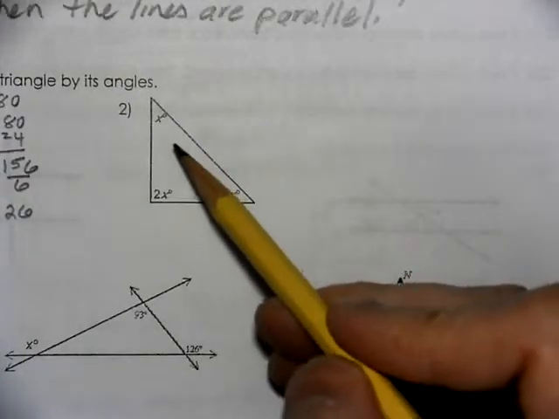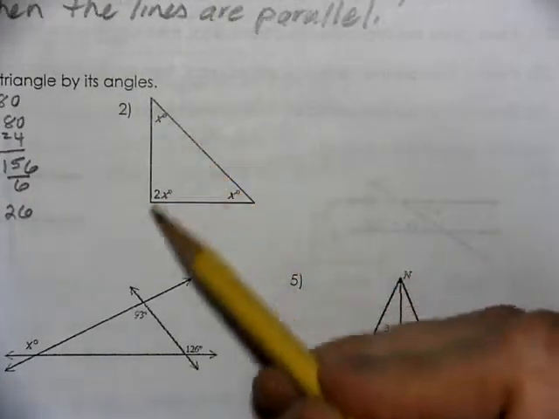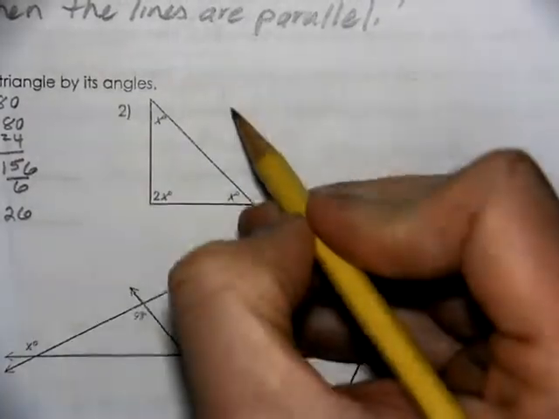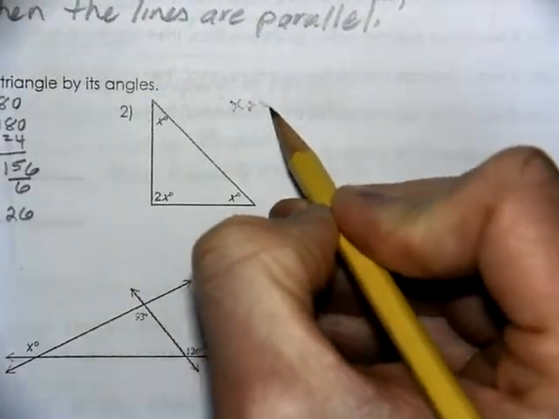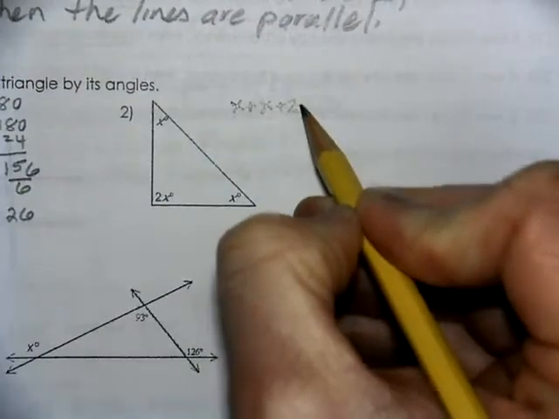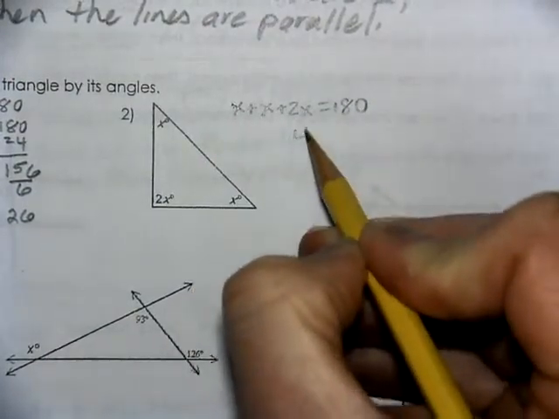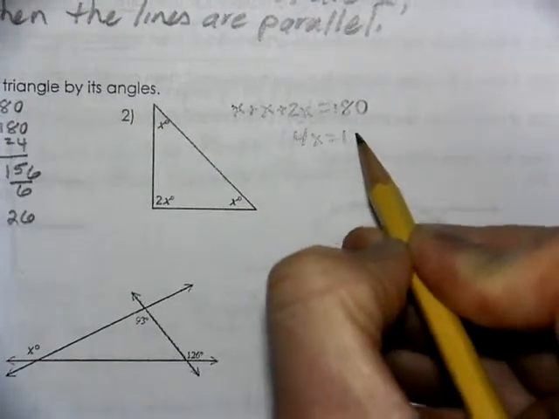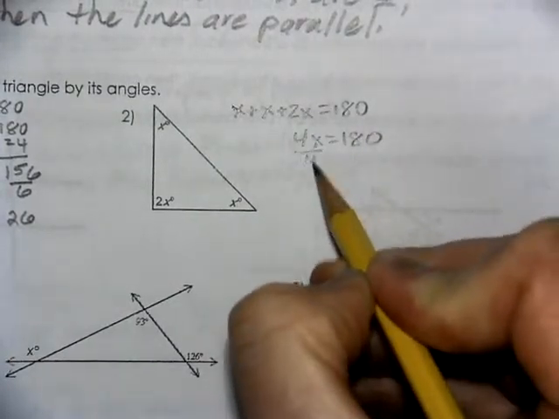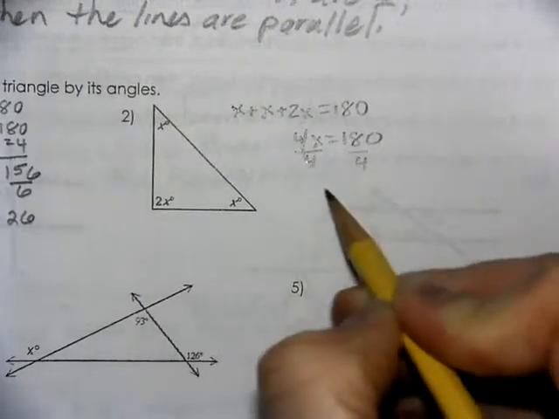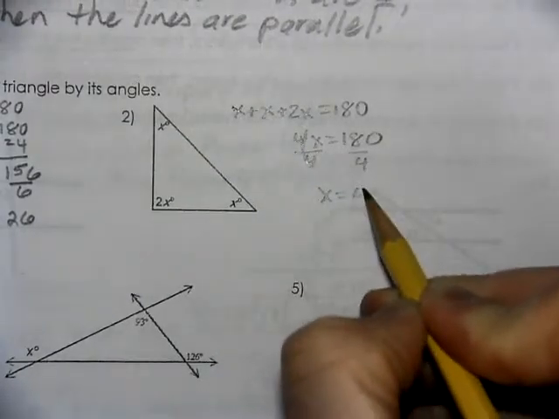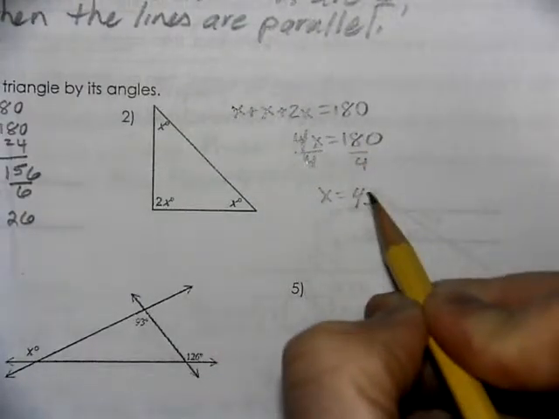This next one, again, we know that the three angles must add up to 180 degrees. It's called the Triangle Sum Theorem. So that gives us 4 x's. And when we divide by 4, we get 45.